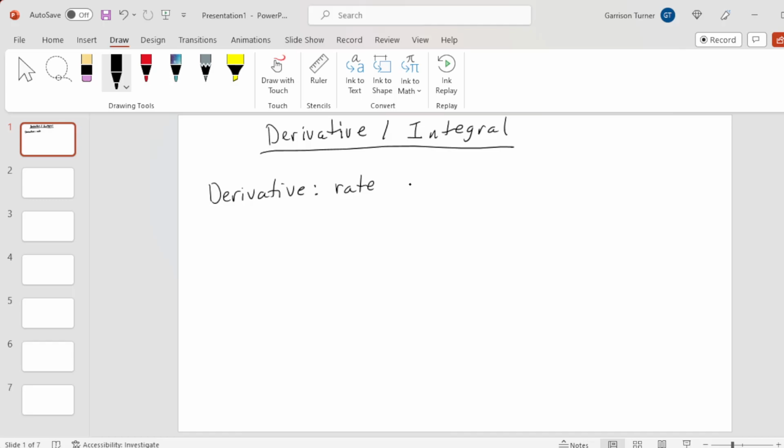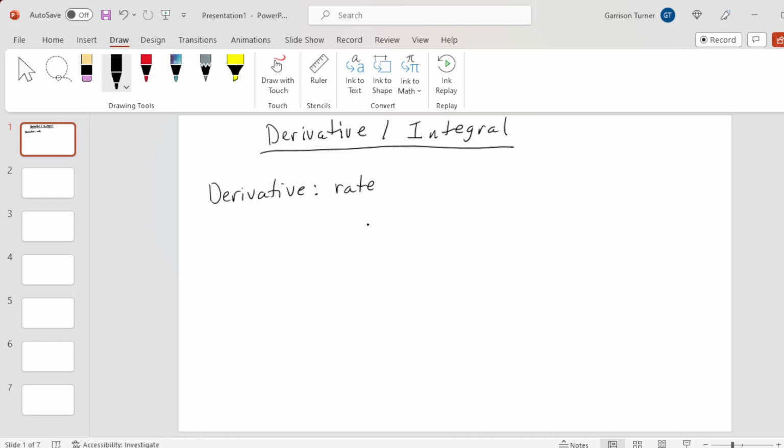In more technical language, it refers to how a function changes as one of its variables changes. Okay, the rate at which the function changes with respect to a given variable. Okay, we'll see what this means.